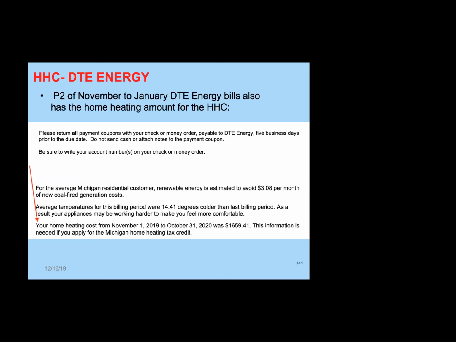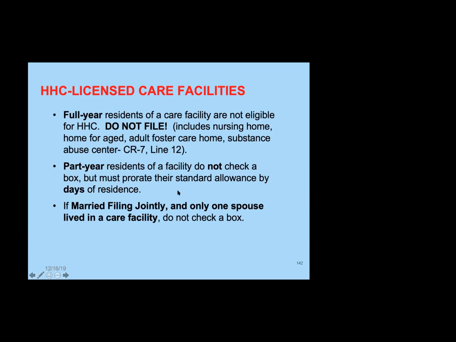DTE didn't do such a good job. It's kind of buried on page 2, but it's there. It's in there for, I believe, November to January bills. It says right on the top of the slide. Okay, we already said that.